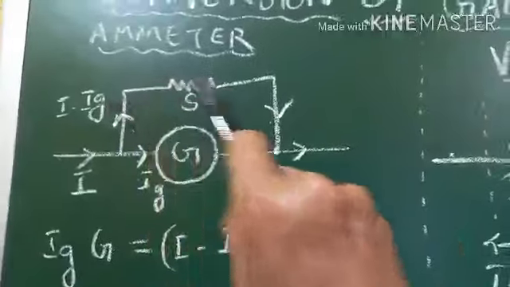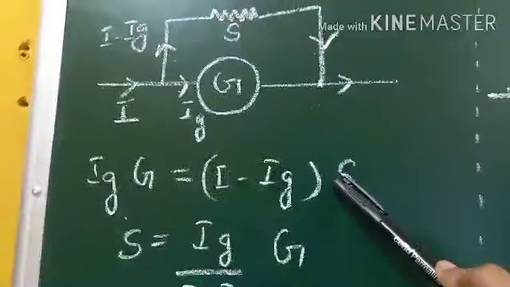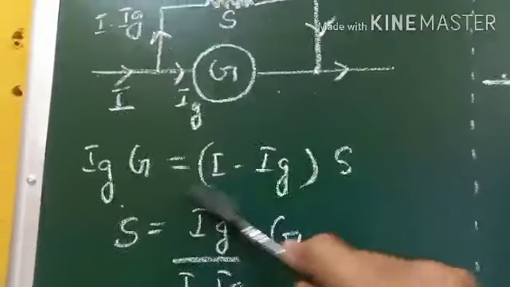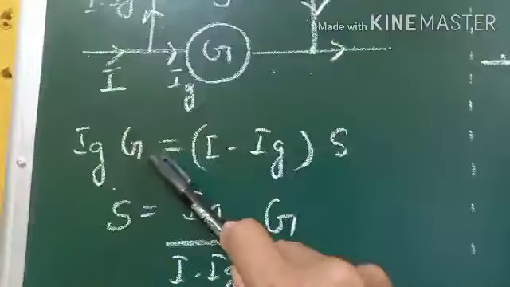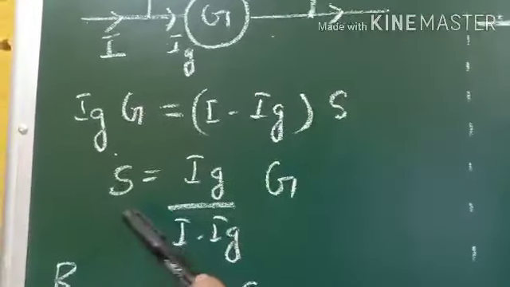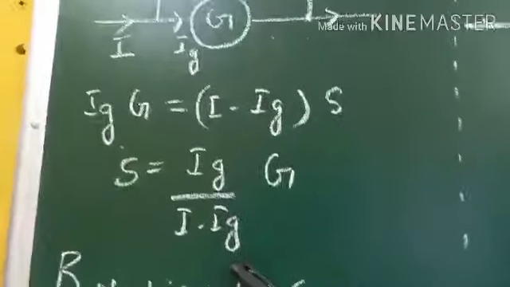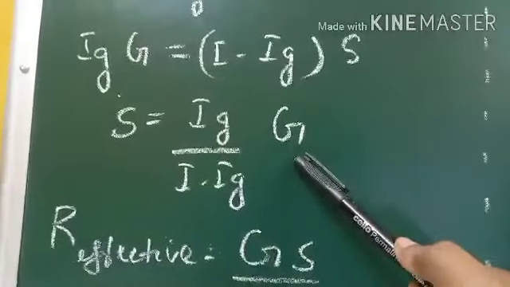So the PD across the shunt resistance will be (I minus Ig) into S. Since they are connected in parallel, we can equate: Ig into G is equal to (I minus Ig) into S. From that, S you can calculate: S is equal to Ig divided by (I minus Ig), into G.